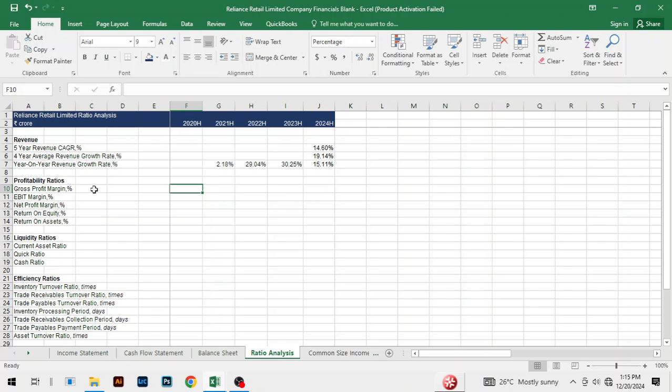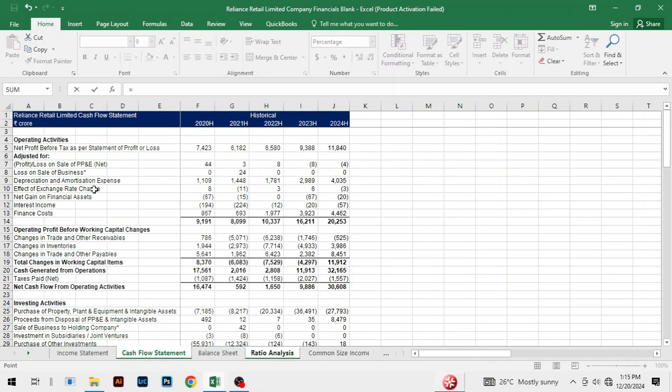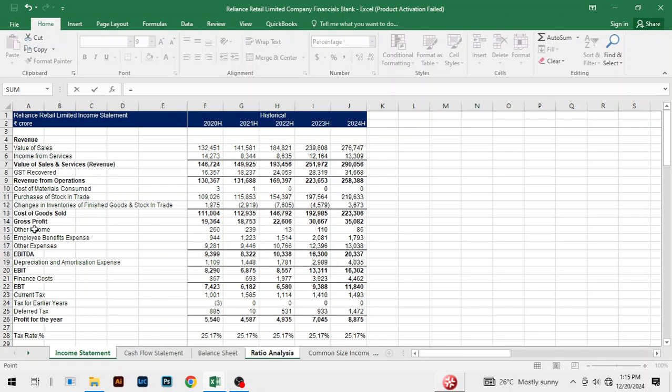That gross profit, we express it as a percentage of revenue, and when we do that, we call it the gross profit margin. So let's just do that right now. We are going to select the gross profit for the year 2020 and divide it by the revenue from operations here, right? So let's just do that.